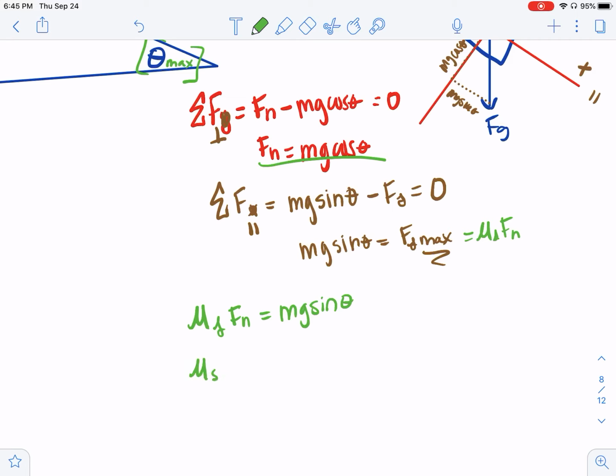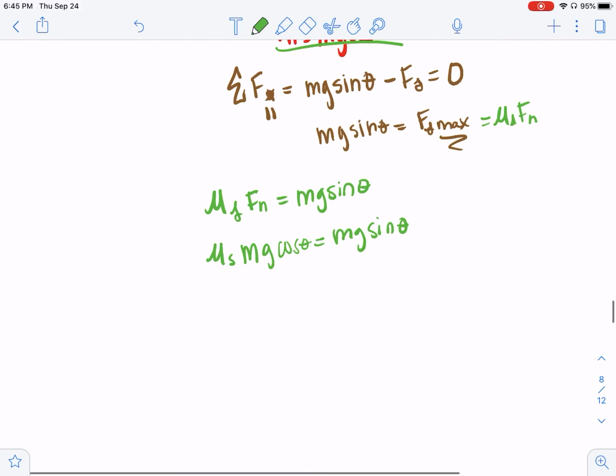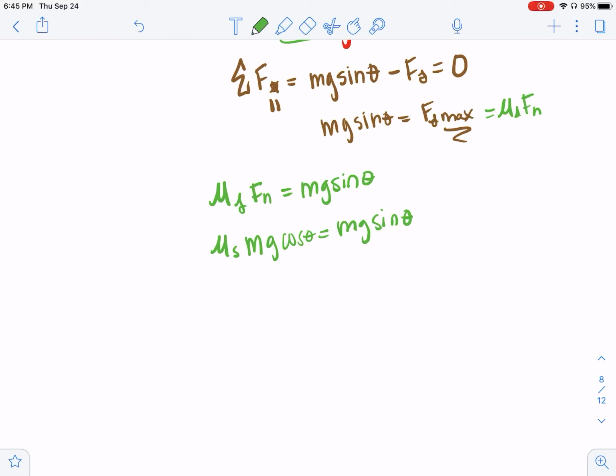So mu s mg cosine theta equals mg sine theta. Once again, notice our mass will cancel out often. Mass cancels, so does gravity. Therefore, mu s cosine theta equals sine theta. Mu s equals sine theta over cosine theta, which I know to be tangent of theta.